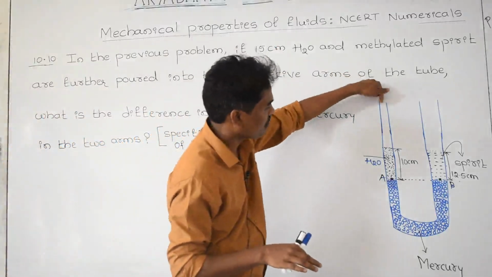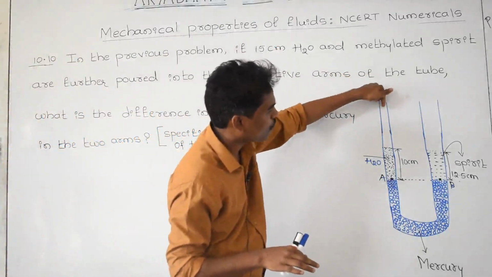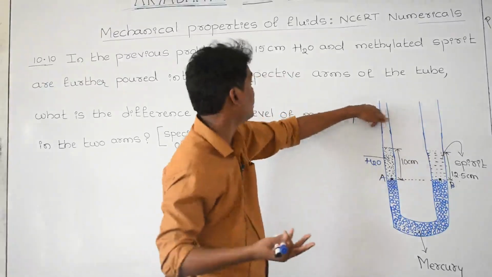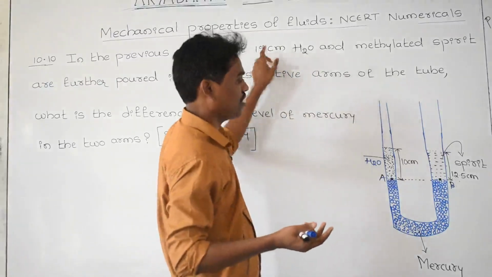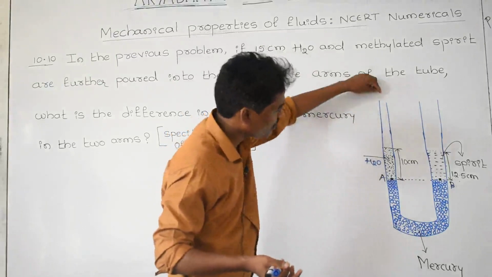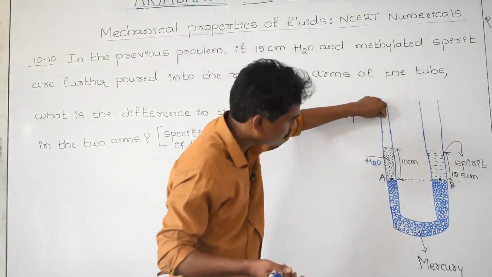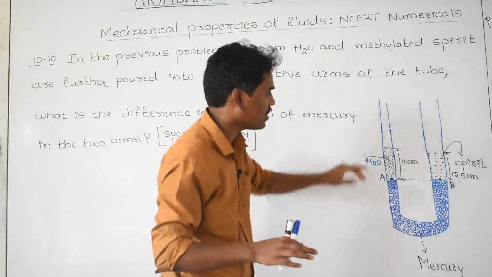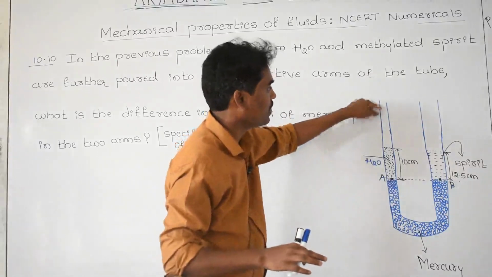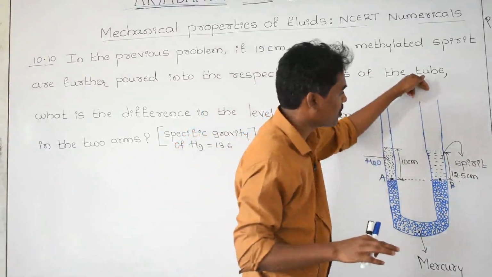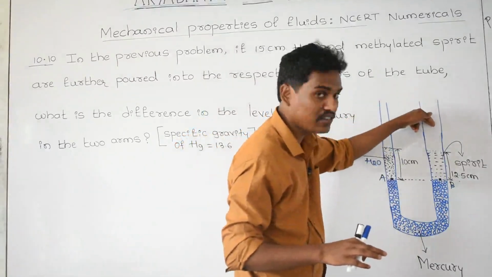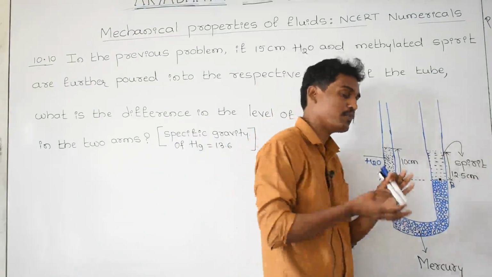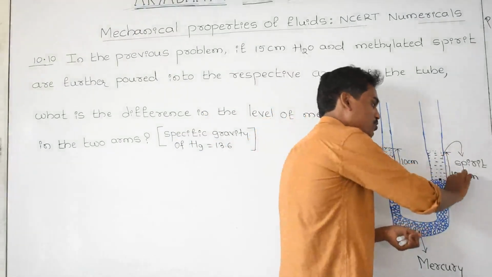You again further add water with how much extra length? Already 10 is there. Again you need to pour the water with extra length of 15, and again spirit, the same 15 centimeter. Again you need to add the methylated spirit. Before adding, the length of the column is 12.5.